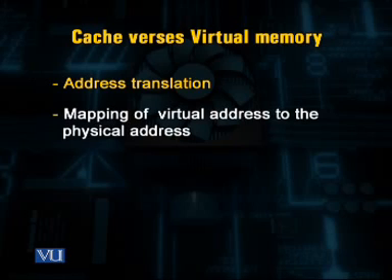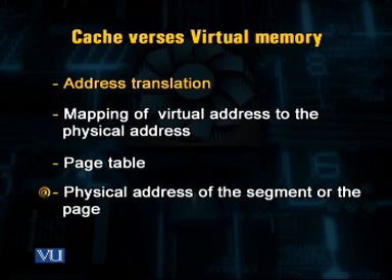However, the mapping of a virtual address to the physical address is performed through a data structure which is known as the page table. The data structure contains the physical address of the segment or the page.